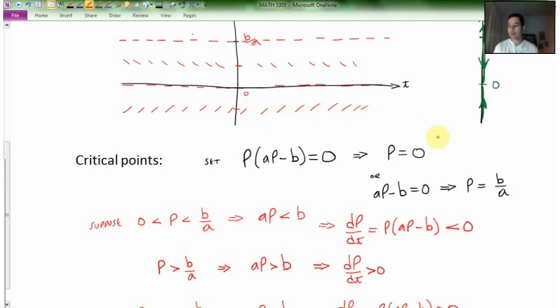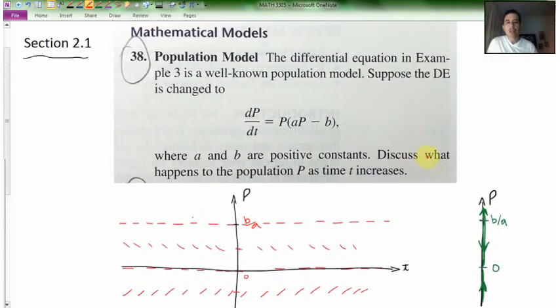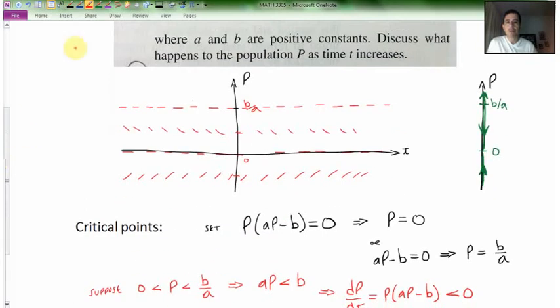Okay. Now we can answer the question. If we go back here, discuss what happens to the population P as time increases. Well, you have several cases, and I'll let you write those down. It depends on where your population starts. T equals 0 is the initial population.